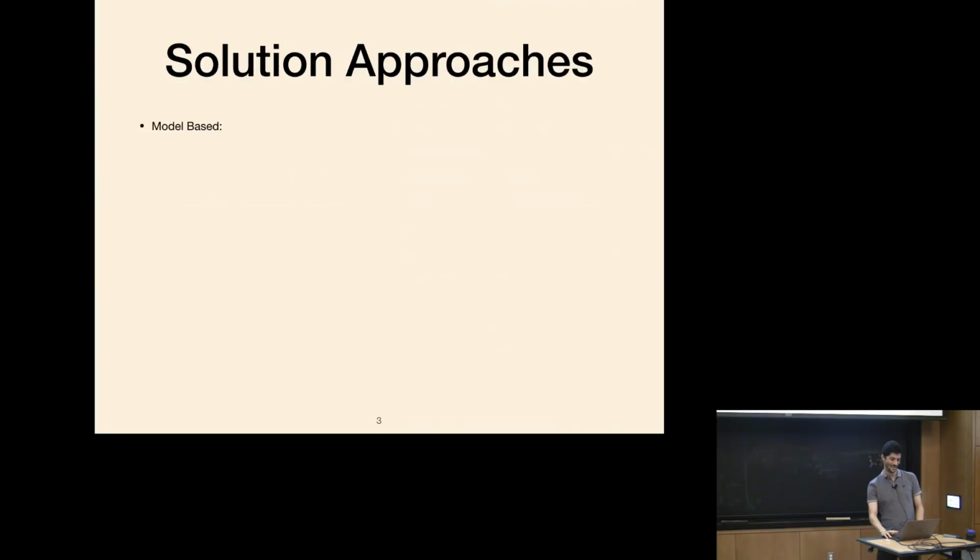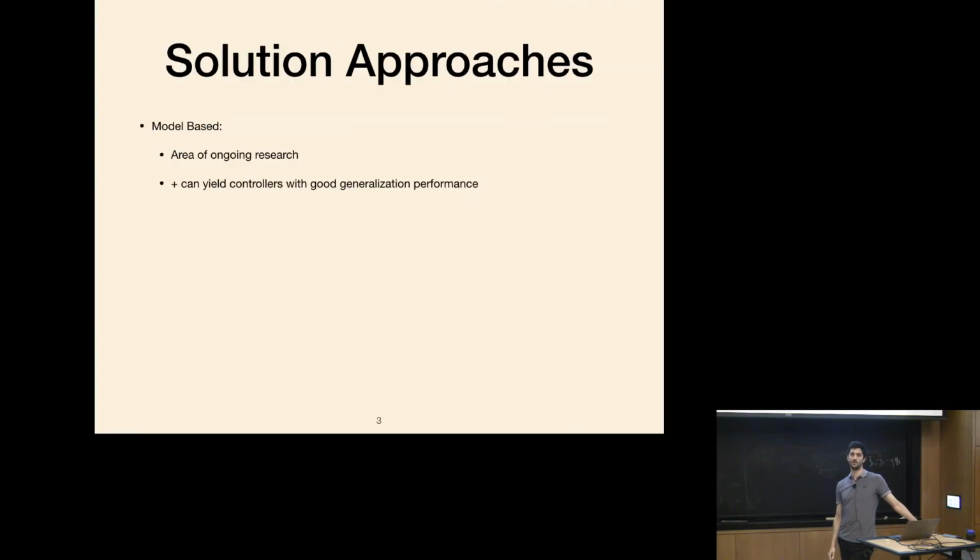Okay, so how can we go about trying to attack these problems? Starting from the model-based side, how to do feedback control for manipulation in these hybrid settings is very much an area of ongoing research. I think Francois has done great work in that, and there are a lot of positives about this approach.